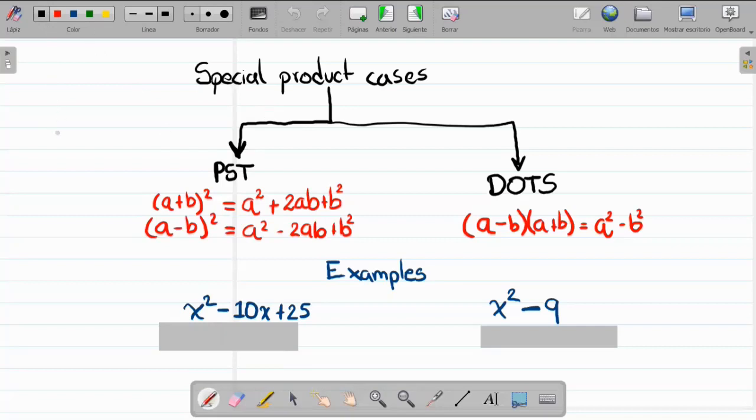I remember pretty well what PST means. When we studied this, we called it the perfect square trinomial. There is an important word in here: trinomial.